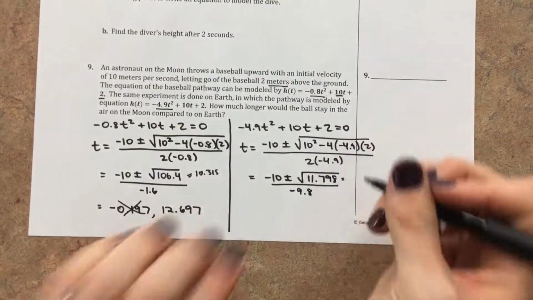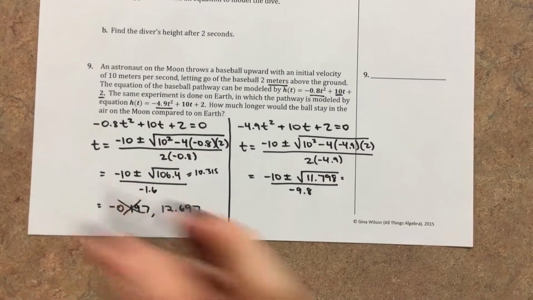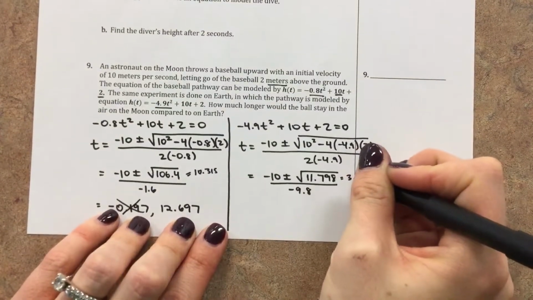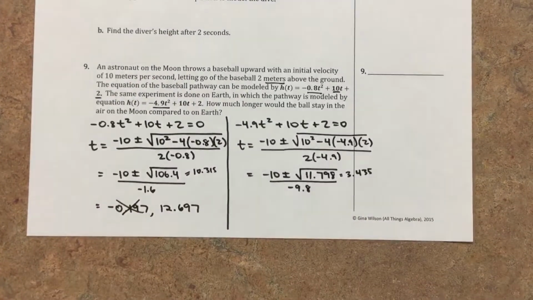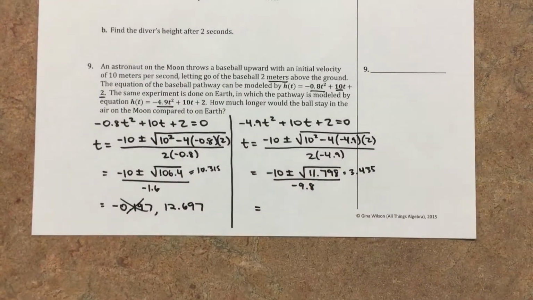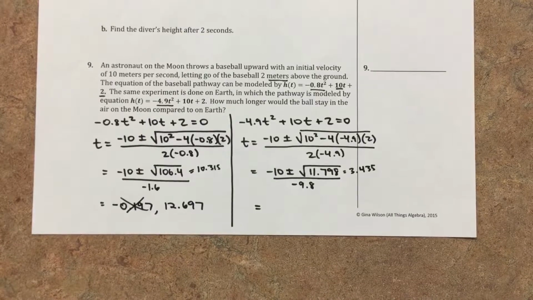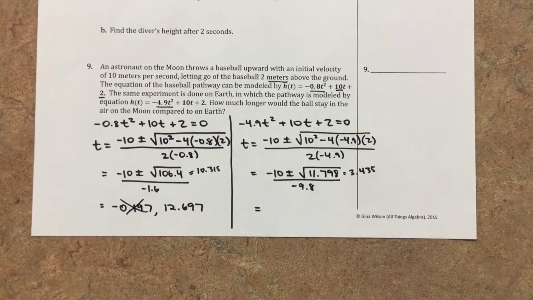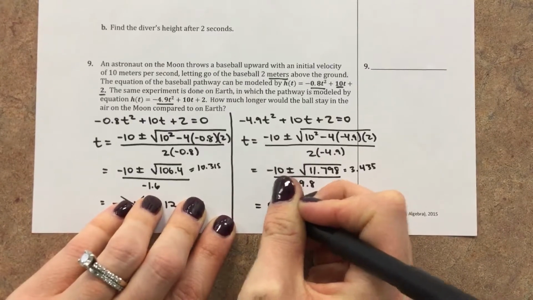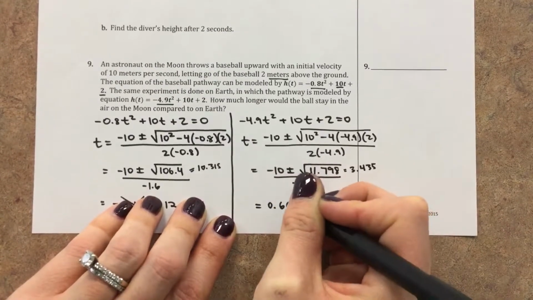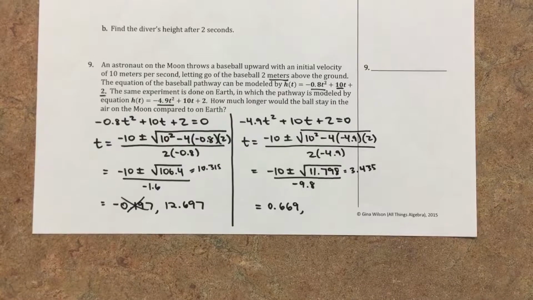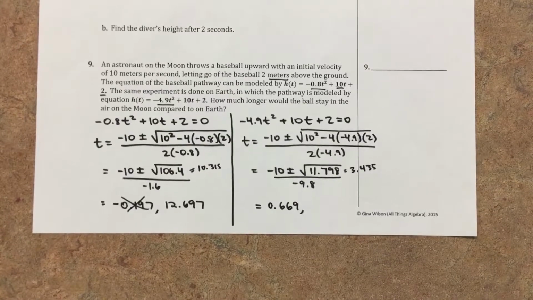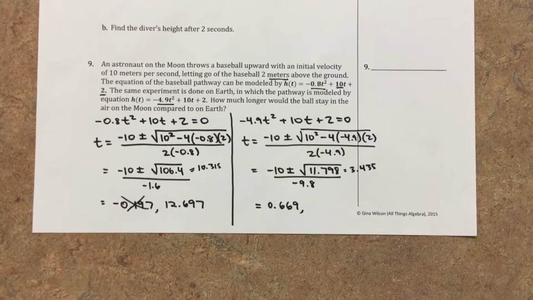Let me get a value for just that square root. That is 3.435. So I'm going to do 10 plus or minus that number over this number. So negative 10 plus that answer divided by negative 9.8. That gives me 0.669. And then let's do the other way. So negative 10 minus that answer, all over negative 9.8.